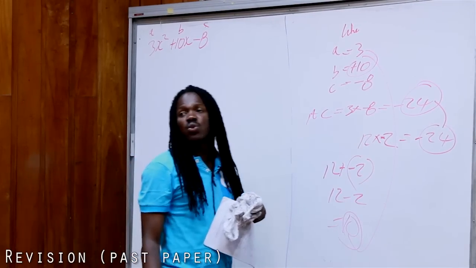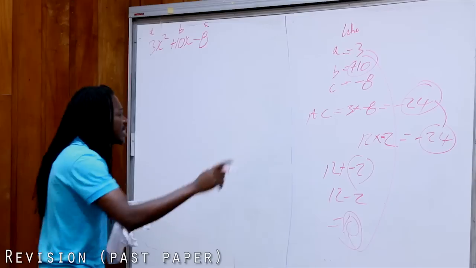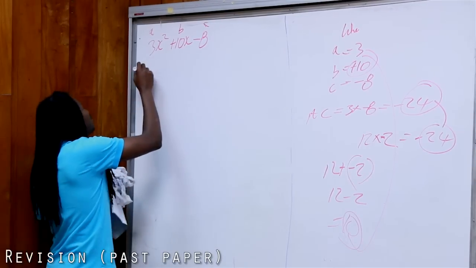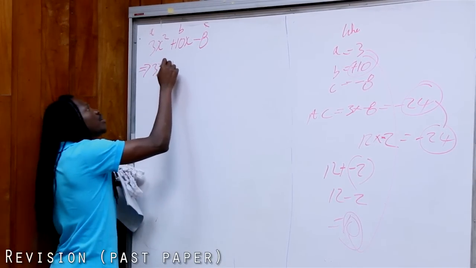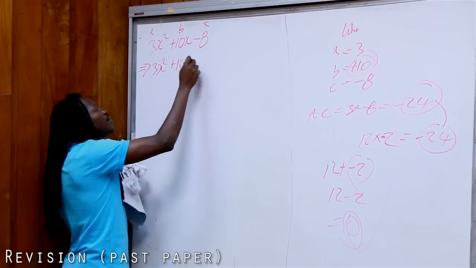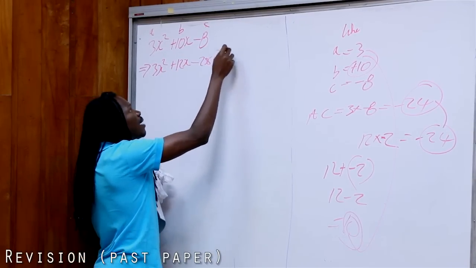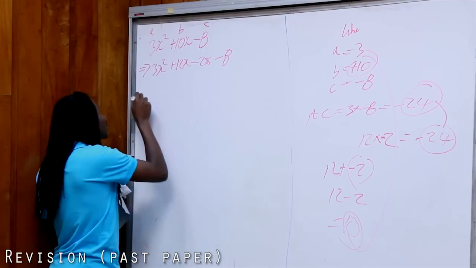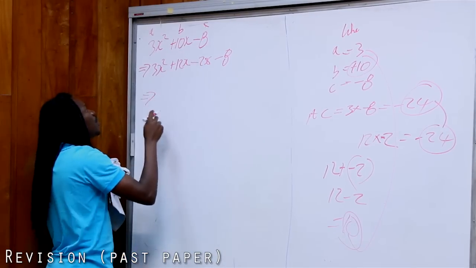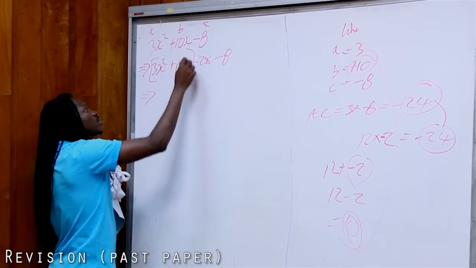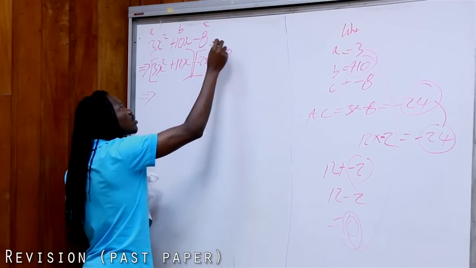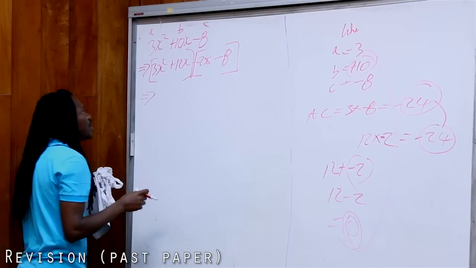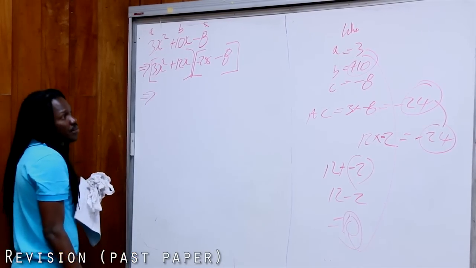So you use that 12 and minus 2 and expand. So we're going to say, therefore, this implies 3x squared plus 12x minus 2x minus 8. Then you group them now, and you work it from there. What number is common?